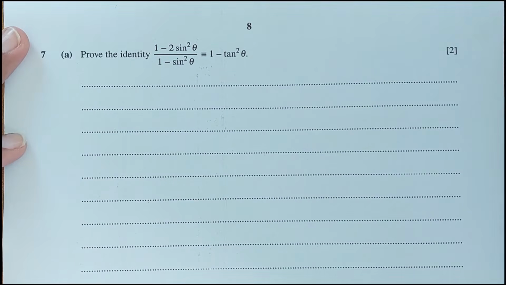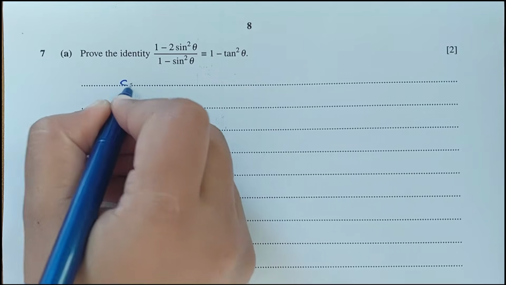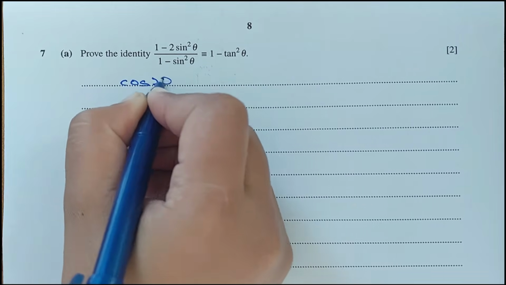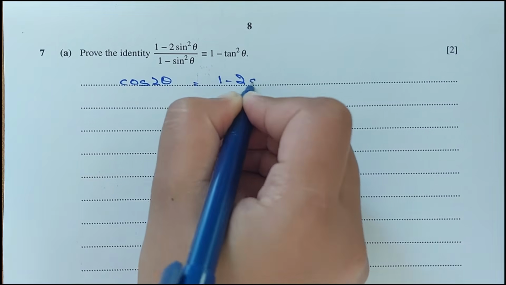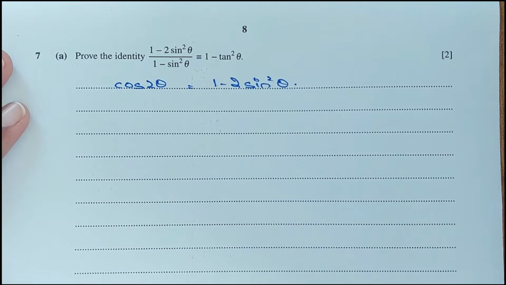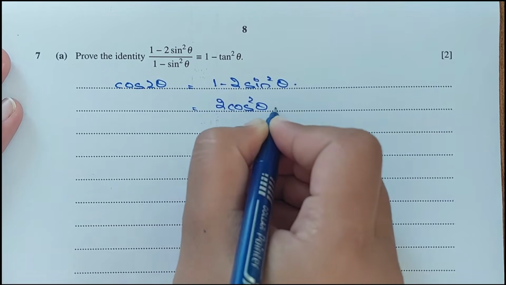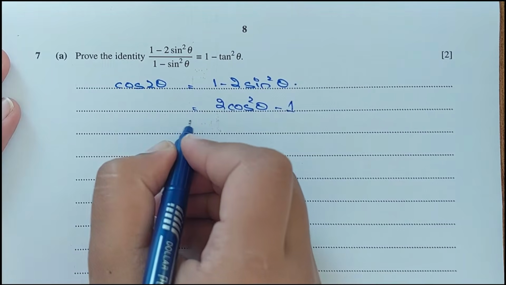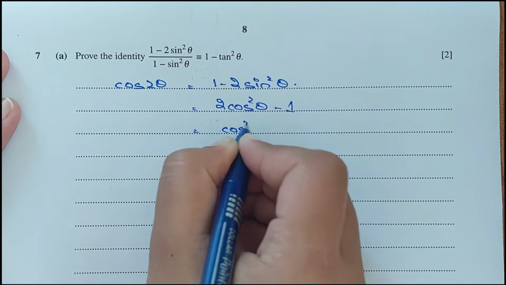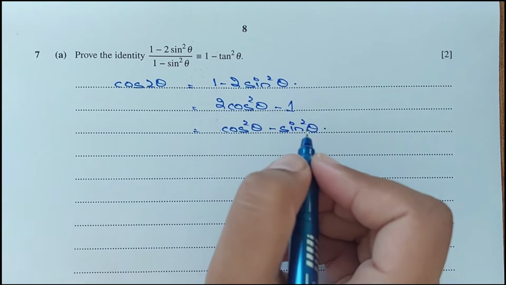Question number 7, part A. Prove the identity. The left hand side should be equal to the right hand side. So as you can see, we know that cos 2 theta is 1 minus 2 sine square theta, right? Cos 2 theta is also equal to 2 cos square theta minus 1, or we can say it is also equal to cos square theta minus sine square theta, right?